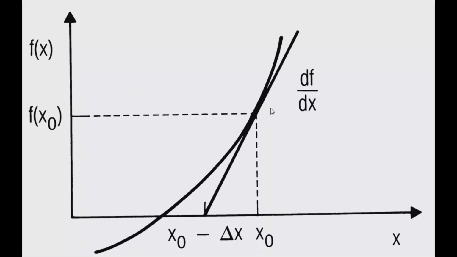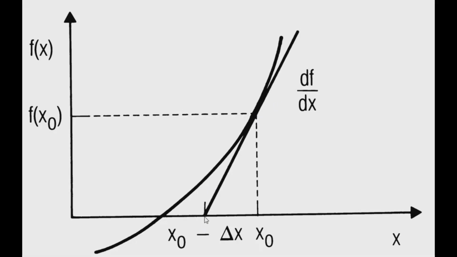Well, we're going to assume that we have a derivative of the function, df/dx. So we make an estimate of the zero, which is x0 here. And then we extrapolate using the derivative. We extrapolate down to the x-axis.